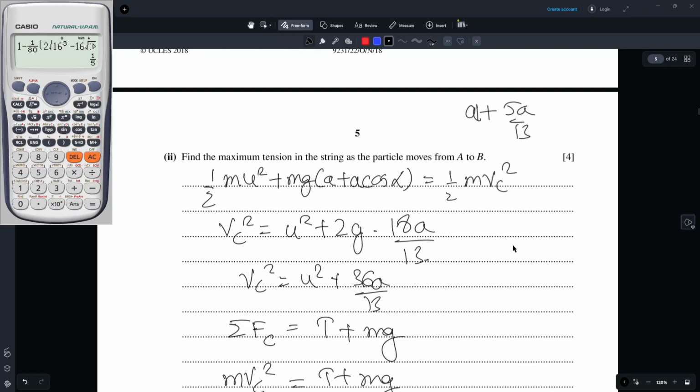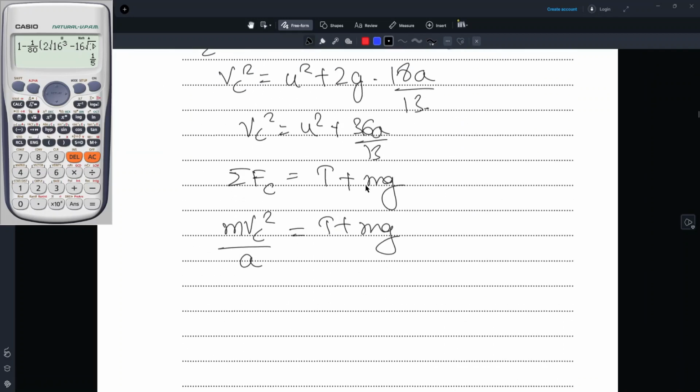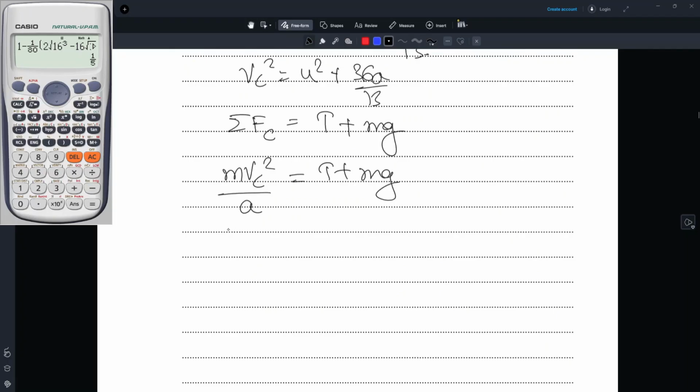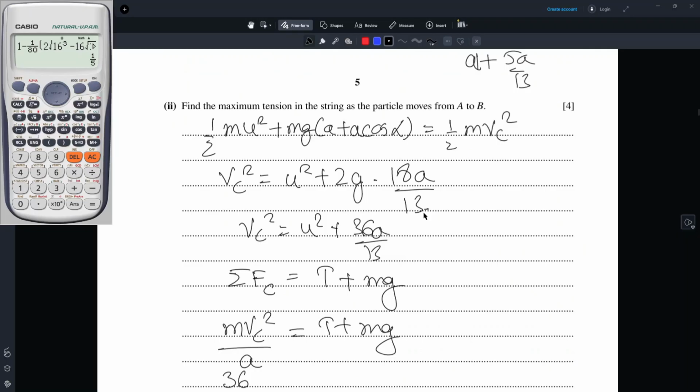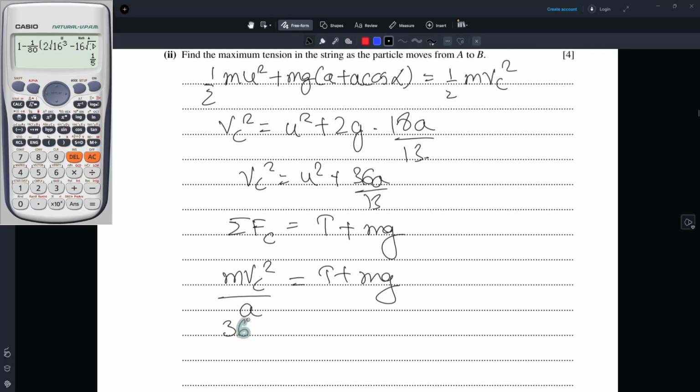So after that, let's see what we can do. Hold on, u squared equals 2ag plus 36a by 13.